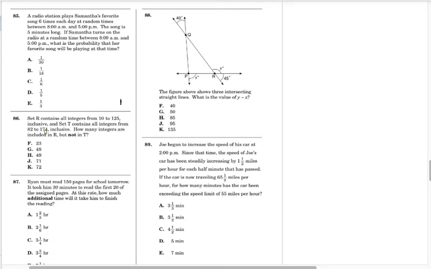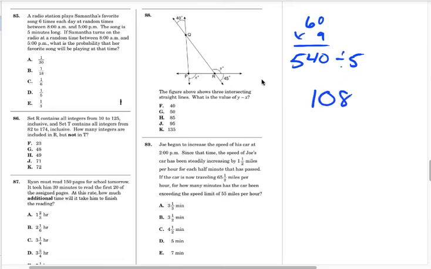All right, 85. So we've got a radio station that plays our song 6 times a day. The songs are 5 minutes long. So how much time is there between 8 a.m. and 5 p.m.? Well, that's 9, 10, 11, 12, 1, 2, 3, 4, 5. That's 9 hours. 60 minutes times 9 hours is 540 minutes. If you divide that by 5, you end up with 108.